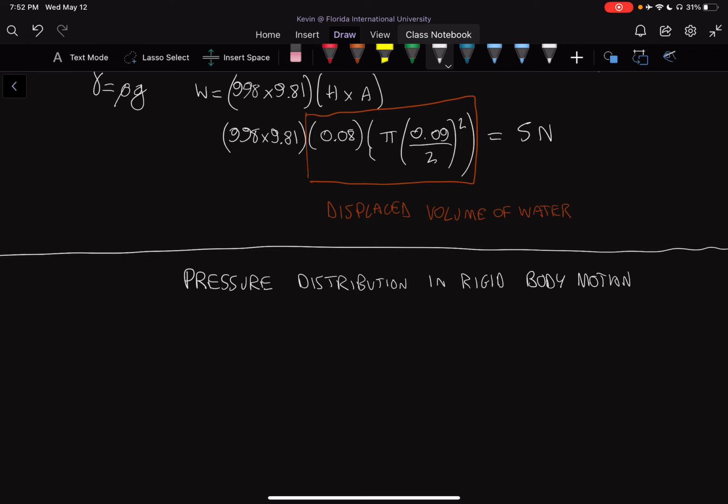So now we're not just going to keep our system static, we're actually going to start moving. So what happens if we move our system? And if we accelerate a body with a liquid in it?